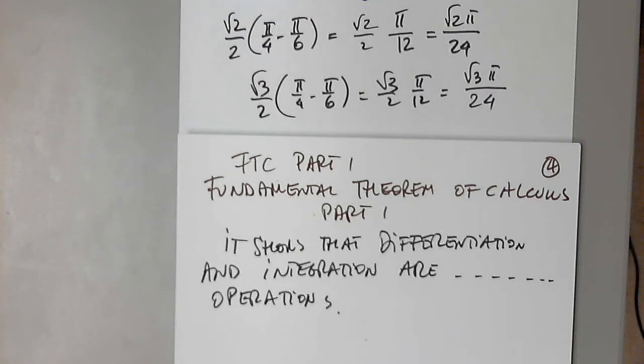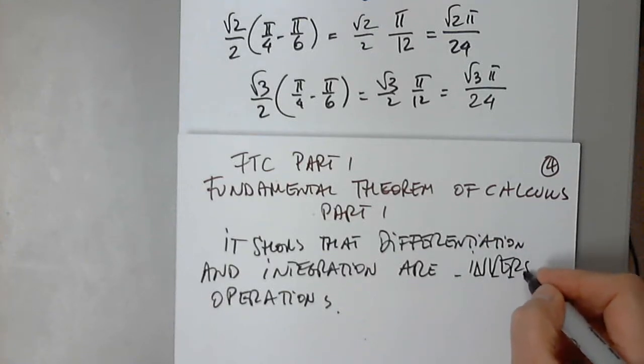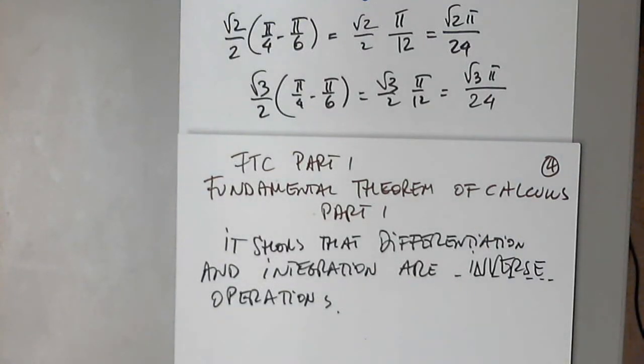So Fundamental Theorem of Calculus Part 1, it shows us that differentiation and integration are inverse. Thank you. Inverse operations. They are inverses of each other, which means if I have a derivative and I integrate it, I get the function. If I have an integral and I differentiate the integral, I get the function.